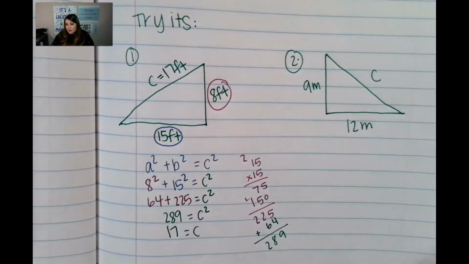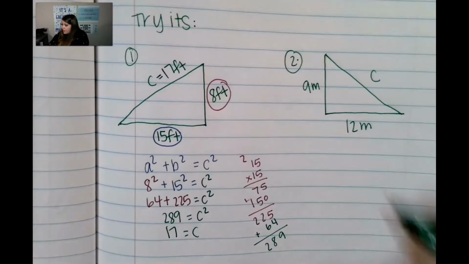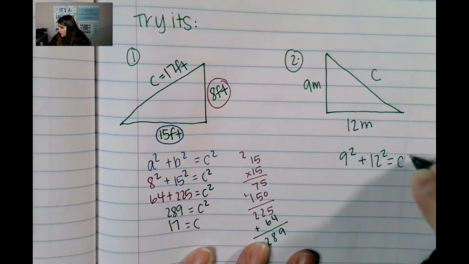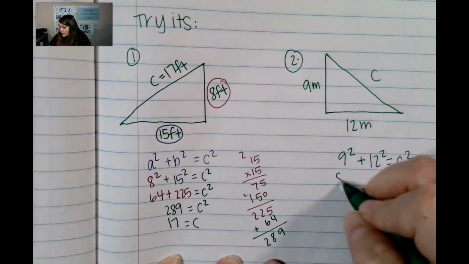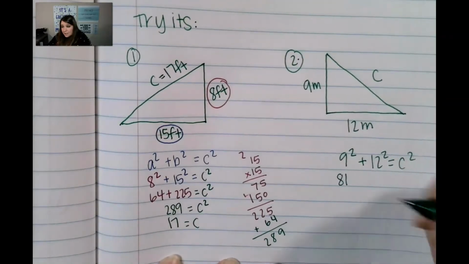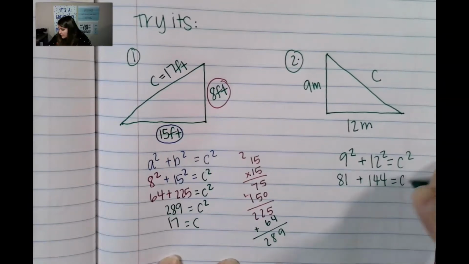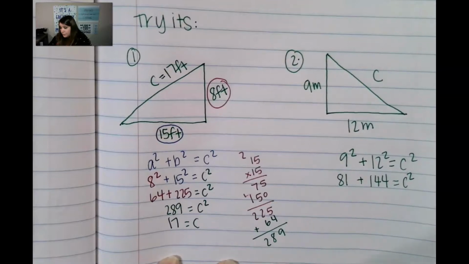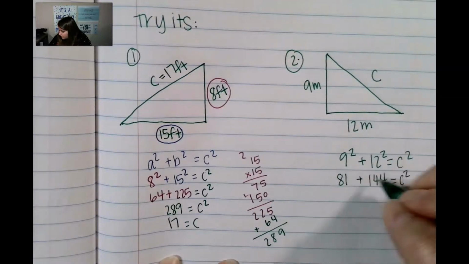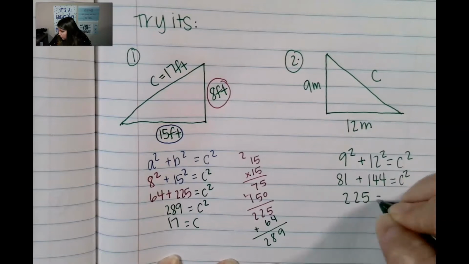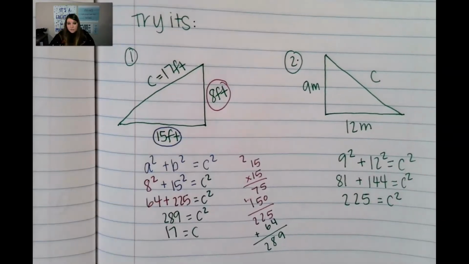All right, and our last one, we have 9 squared plus 12 squared equals c squared. 9 squared is 81, because 9 times 9 is 81, plus 144, and that again is going to equal c squared. So we have 8 and 1, or 4 and 1 is 5, and that's 12. So 225 equals c squared. So when c is squared, it equals 225.